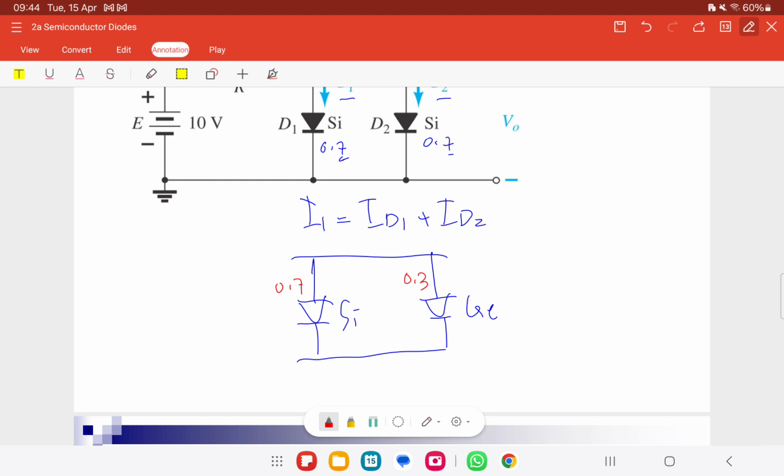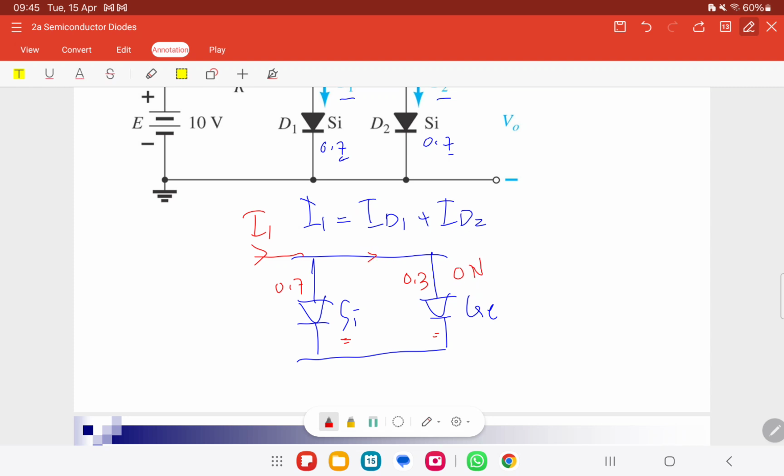Okay, current dah lalu sampai sini. I1 tadi. I1 kata ada dua ni, nak lalu yang mana? The first one, yang ni lah. Yang ni dia akan on, the voltage akan naik up until 0.3 terus on.